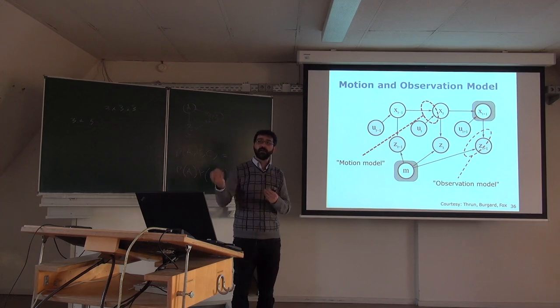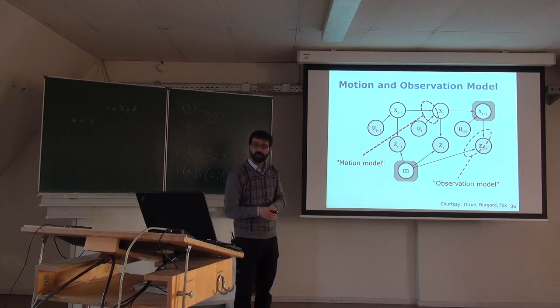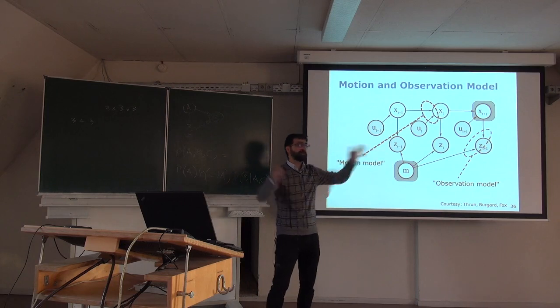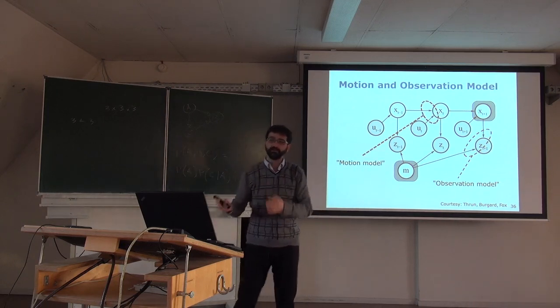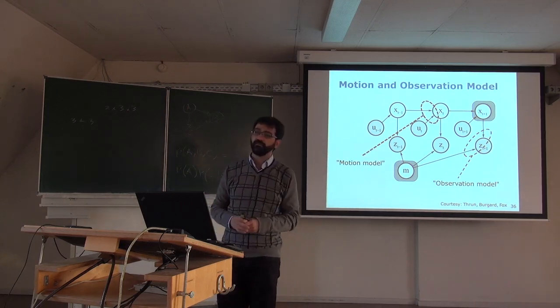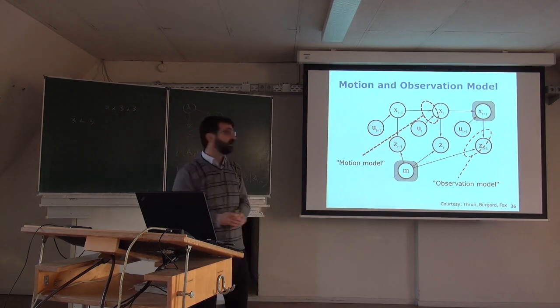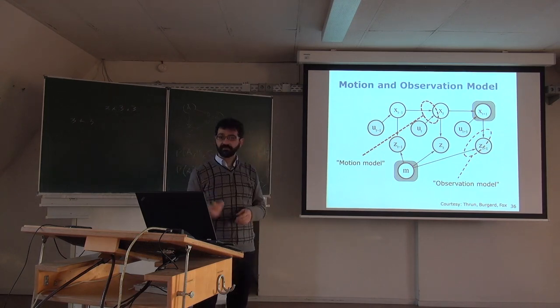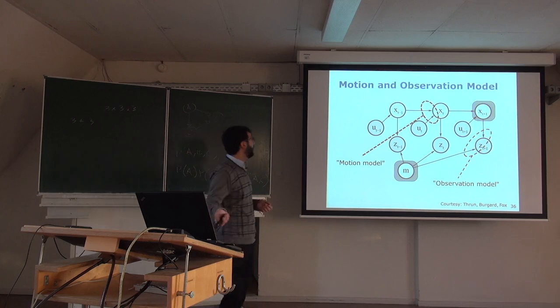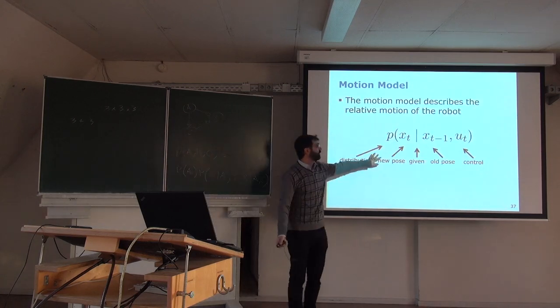But if you know that you are here and the world looks like this, there is just one unique way of getting you this measurement distance. Okay? And we will use this then somehow the other way around, and we'll see what it means to use them the other way around when we estimate the state.